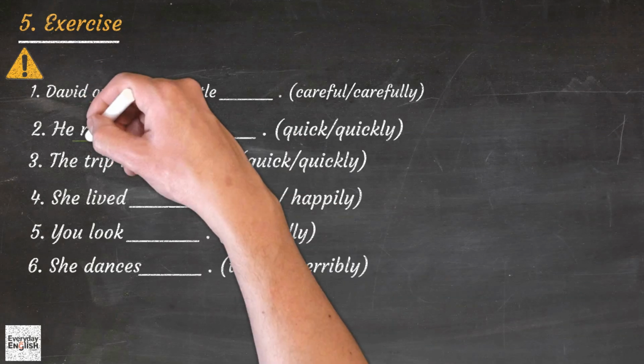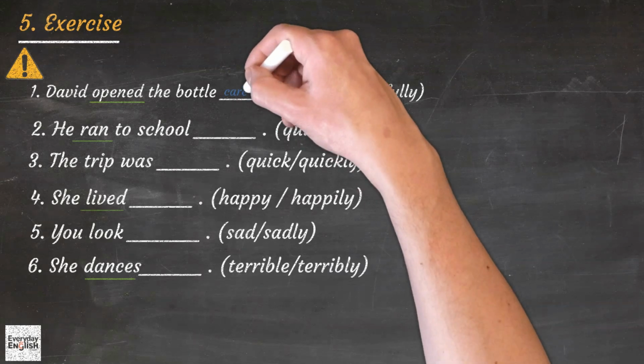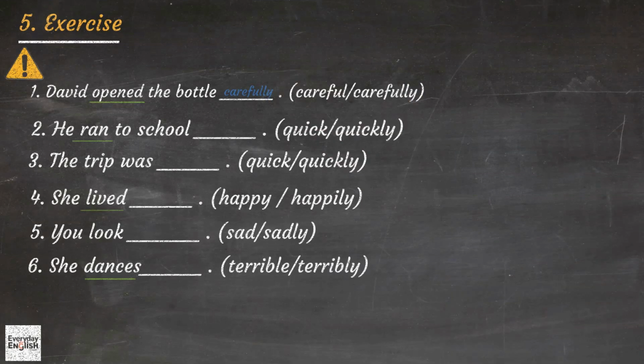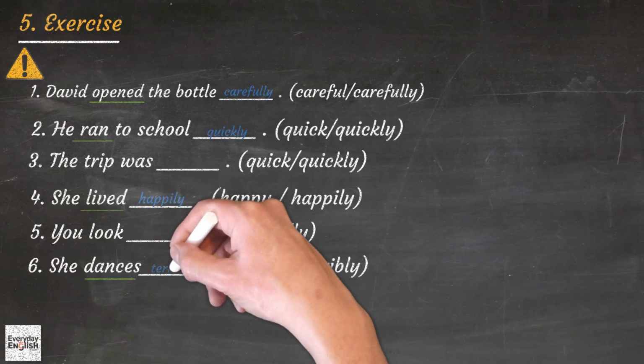Pay attention to the verbs. David opened the bottle carefully. He ran to school quickly. She lived happily. She dances terribly.